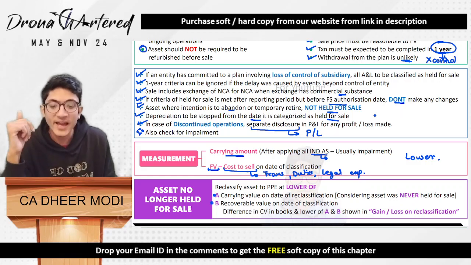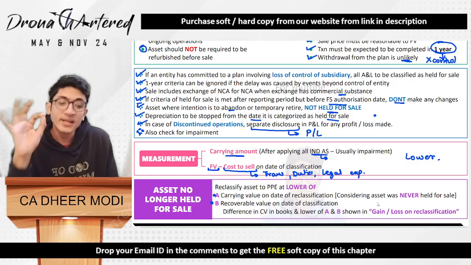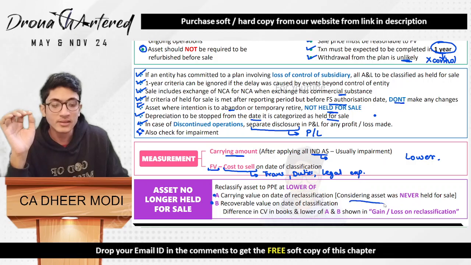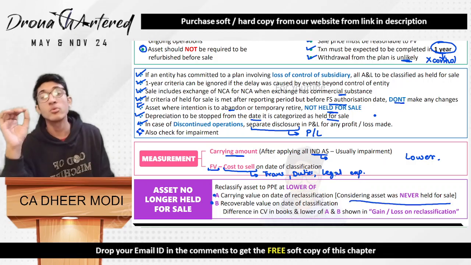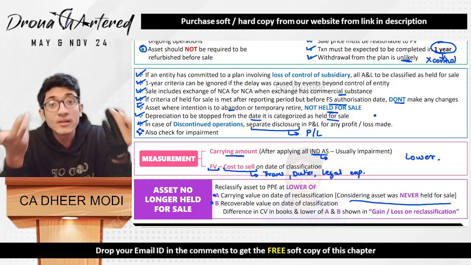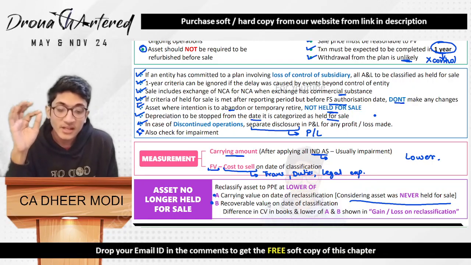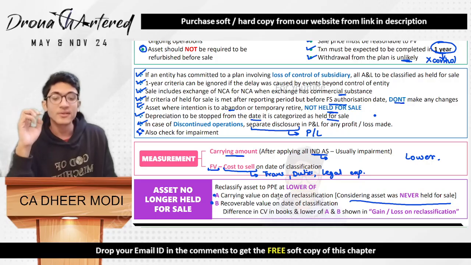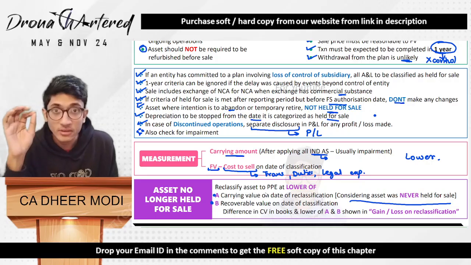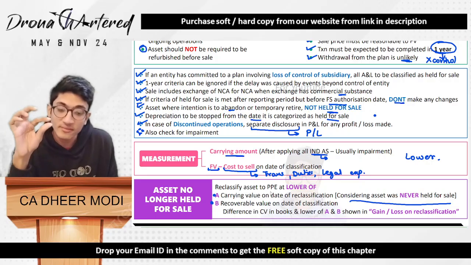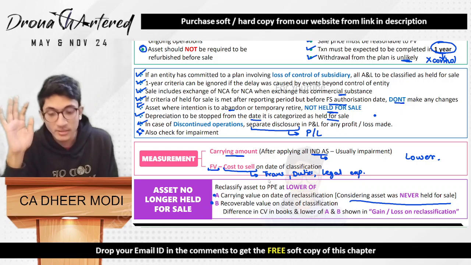A is your carrying value on the date of reclassification, considering the asset was never held for sale. You have to assume that the asset was never held for sale. Then what would have been the carrying amount? That is your A. B is the recoverable value on the date of classification. Whichever is lower, it will be recorded at this amount.